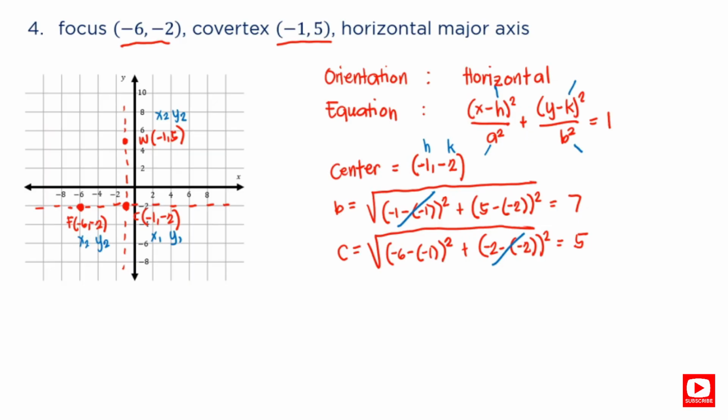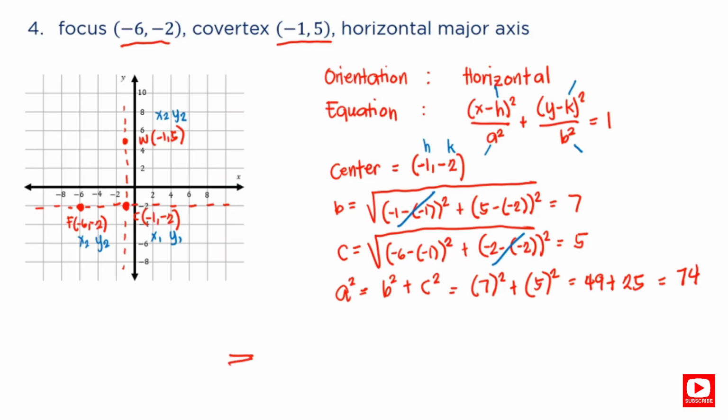So from that, we can now solve for the value of a. A square is just equal to b square plus c square. So b square is just 7 square plus c square is 5 square, and that is equal to 49 plus 25, and this is equal to 74. So a square is just equal to 74.